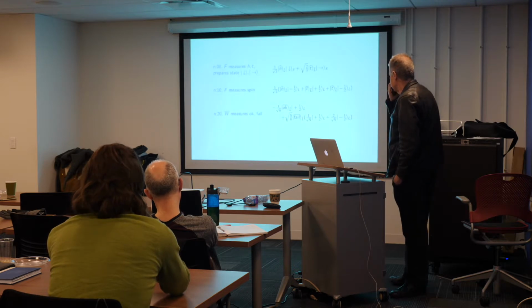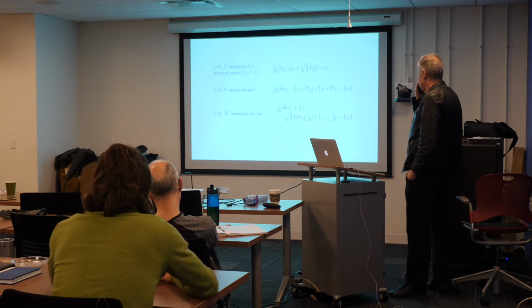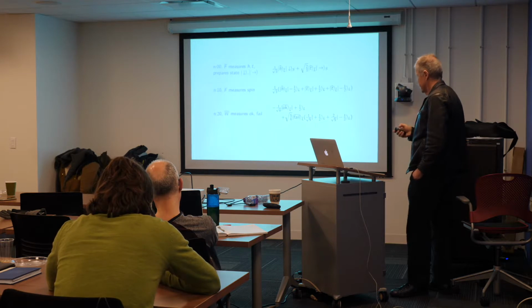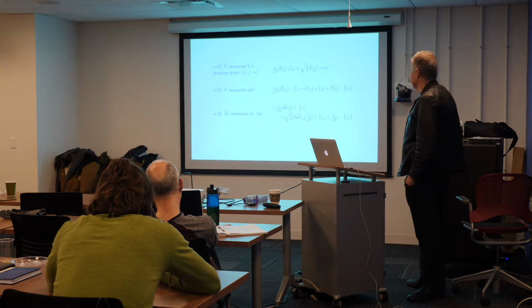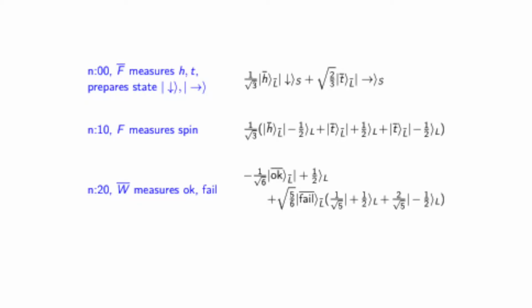So now the story goes like this, and again, I'm using exactly the same notation as in the paper. At time 0 on the nth run, F bar measures H and T and prepares these states, and then the overall state is this.